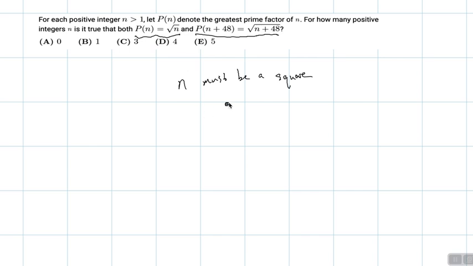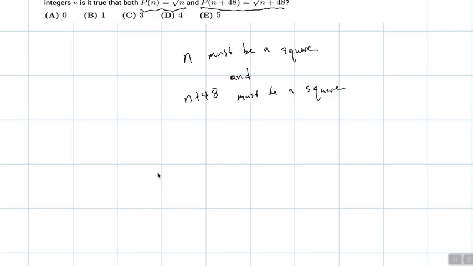And it has to be true that n plus 48 must be a square, because this is always going to be a positive integer, and therefore the square root of n plus 48 must always be a positive integer. So cycling through potential values of n, we'll just cycle through all the squares.